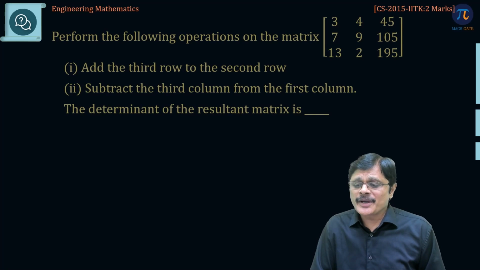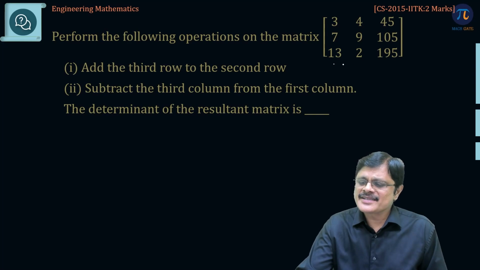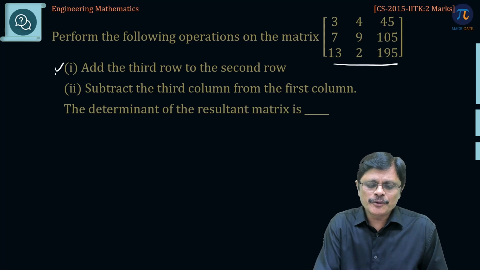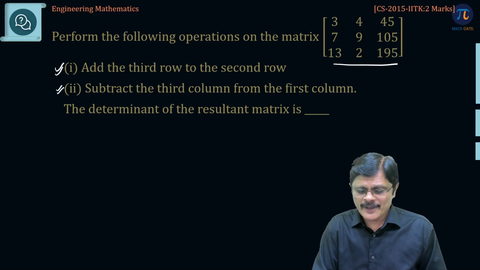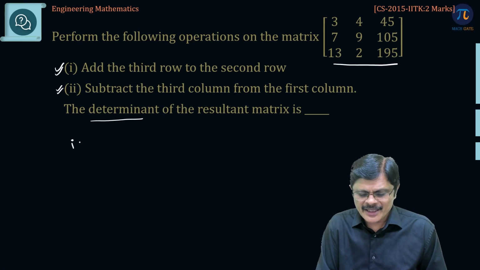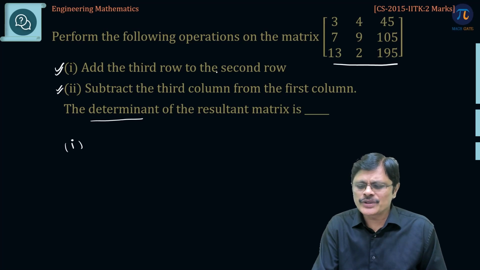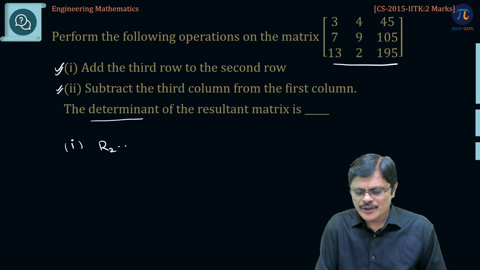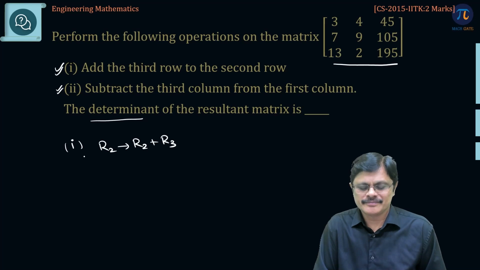Perform the following operations on the matrix. This matrix is given and he is asking you to perform the following operations, then find the determinant of the resultant matrix. What operations are being performed? Let us see. Add third row to the second row, that is, row 2 becomes row 2 plus row 3.